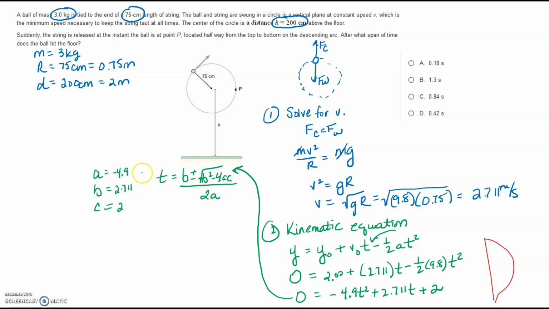So let me plug in what I have here, and I get 2.711 plus or minus the square root of 2.711 squared minus 4 times a is negative. Sorry, I'm running out of space again.